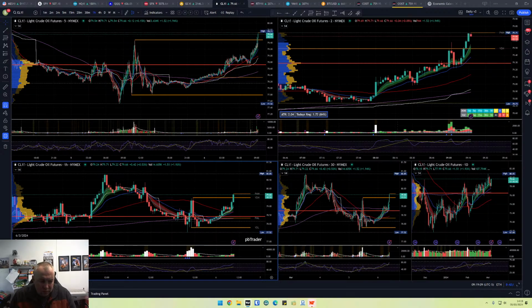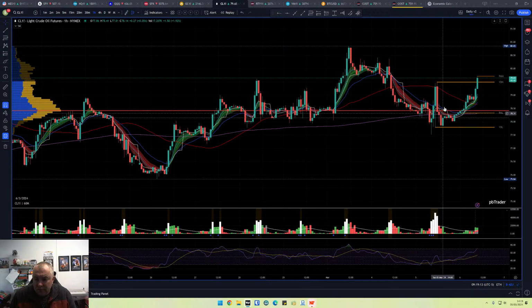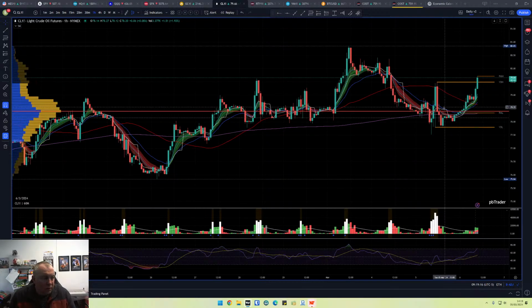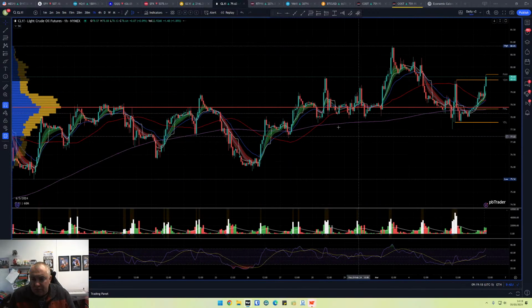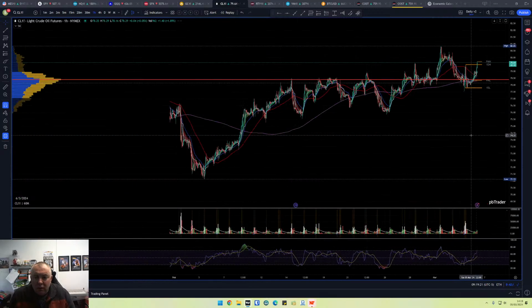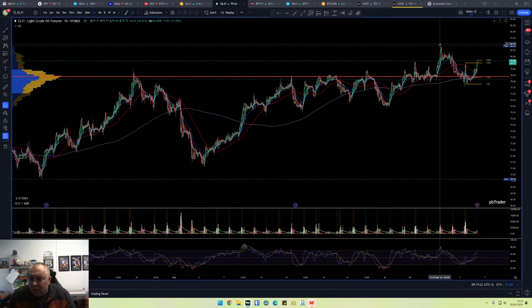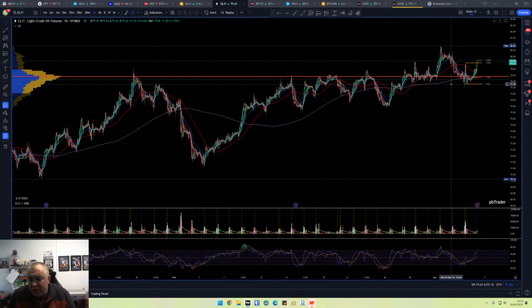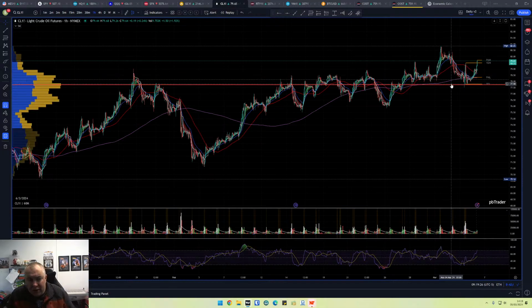Okay, so now let's look at oil. You can see it basing around there, an area of confluence, and it's right on the 77.80 area. So look for a bounce, yesterday's low, coming into there.